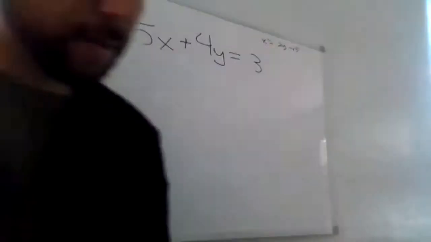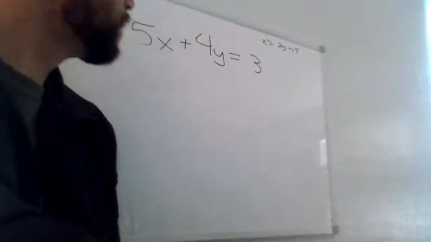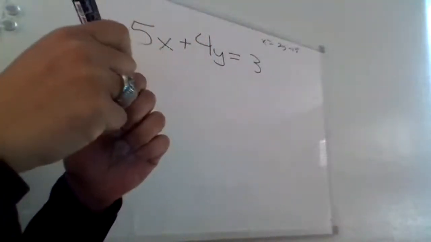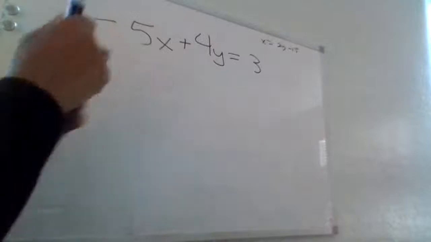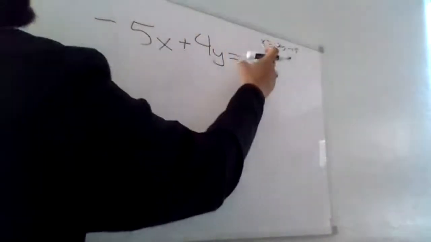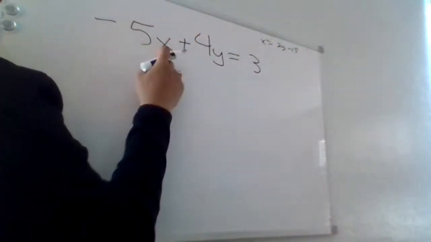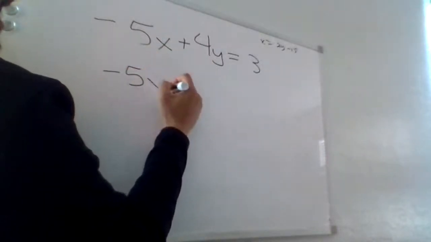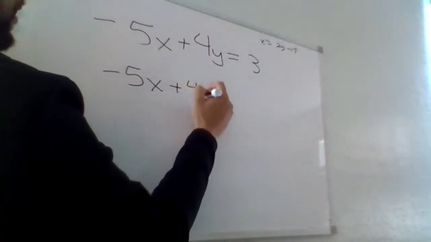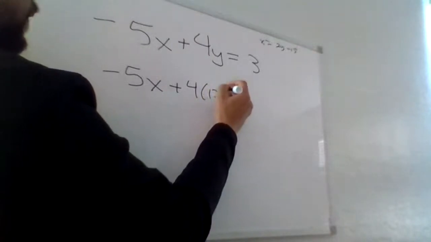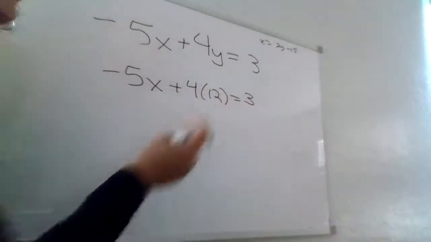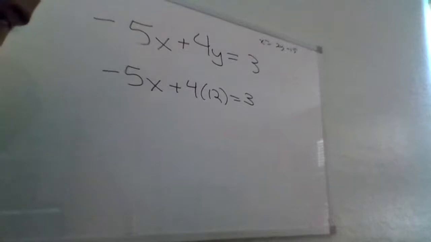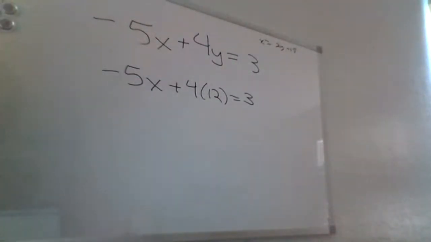It's going to be x equals 2 times 12 minus 15. So we want to plug the y in here. So this would be negative 5x plus 4 times 12 equals 3. Is that correct? No, we've got to do the minus 15 in there too.